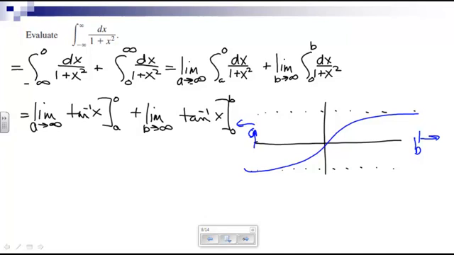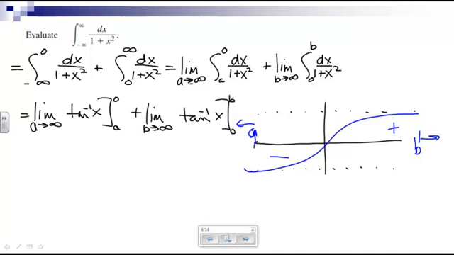I want to say that the positive area under the inverse tangent curve would cancel out with the negative area on that side. That's what I want to say. And the answer is it doesn't. We have a rule. We've got lots of rules, but here's the rule that is in play right now.